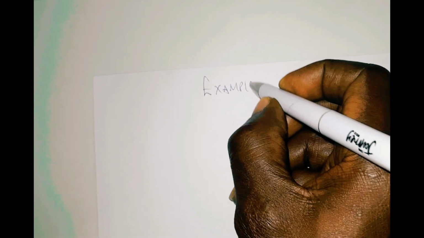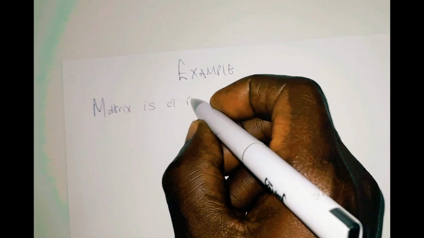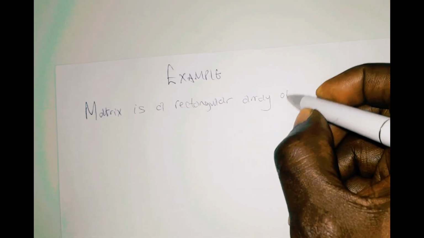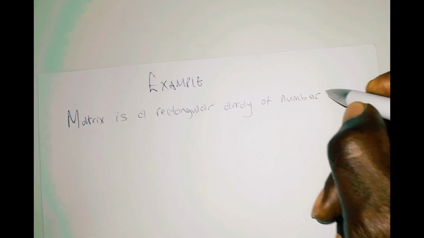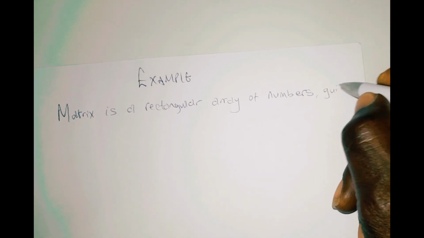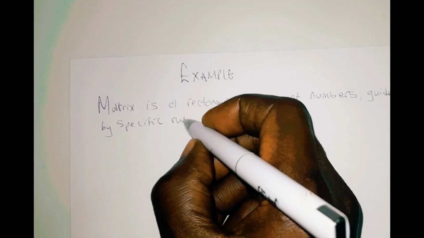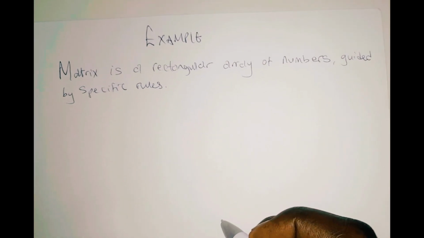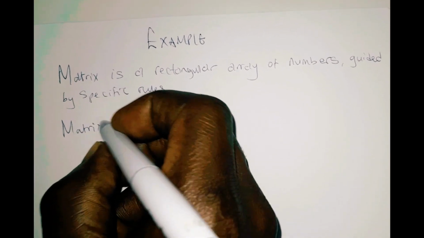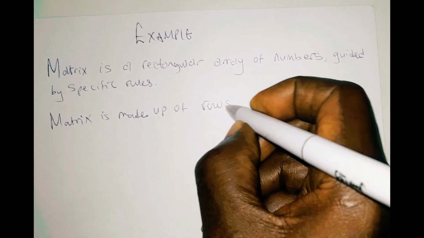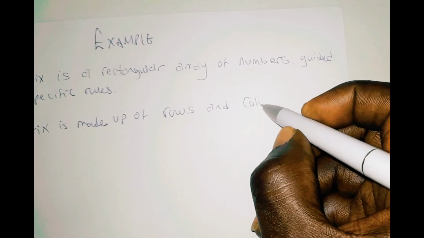Example: a matrix is a rectangular array of numbers guided by specific rows. A matrix is made up of rows and columns.